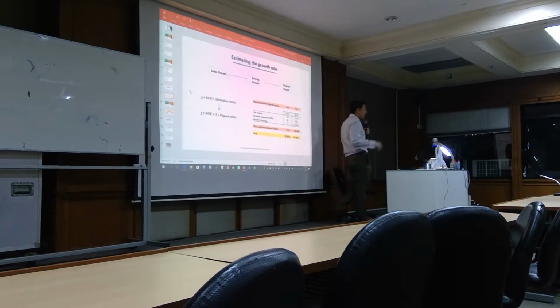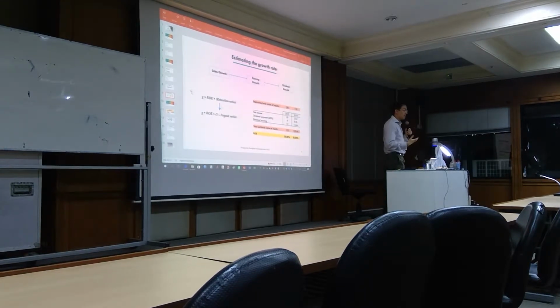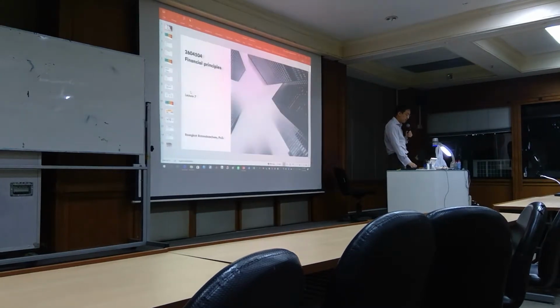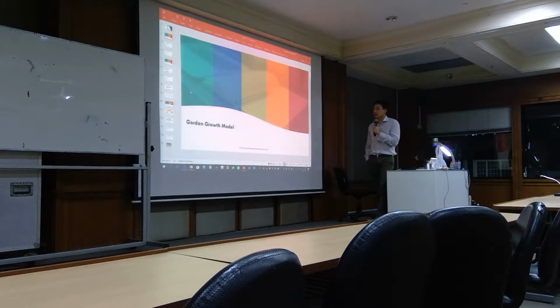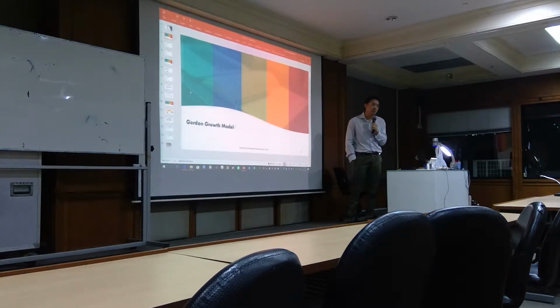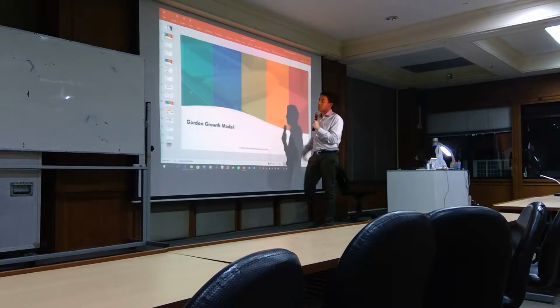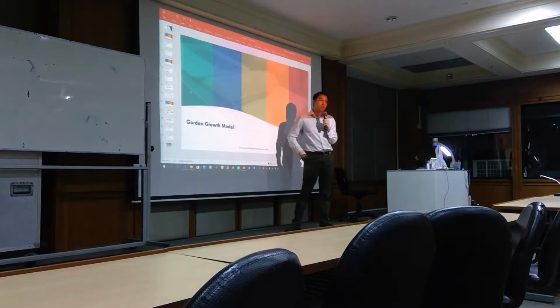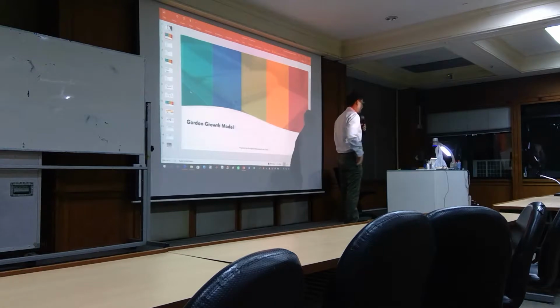But apart from finding the stock valuation based on the DCF model, we also have another model, which is called the Gordon model, or sometimes we call it the dividend model. Because in this model we do the valuation in another way.